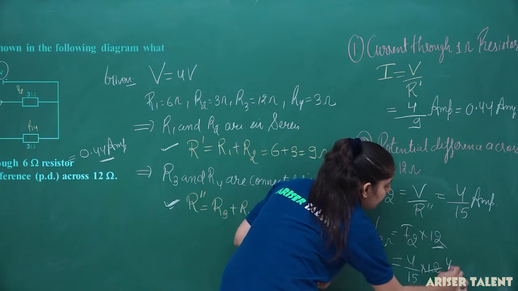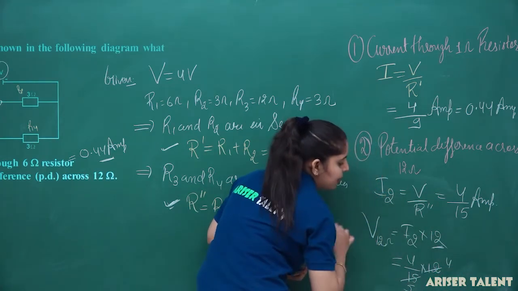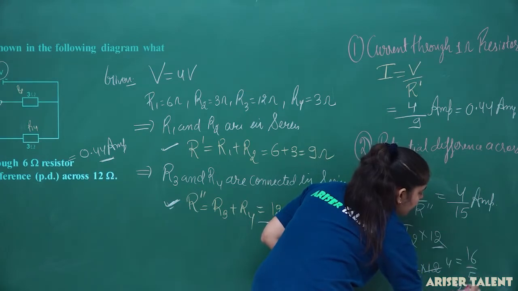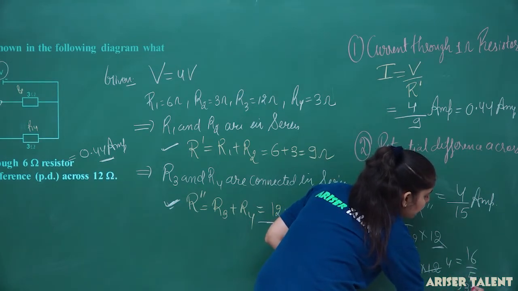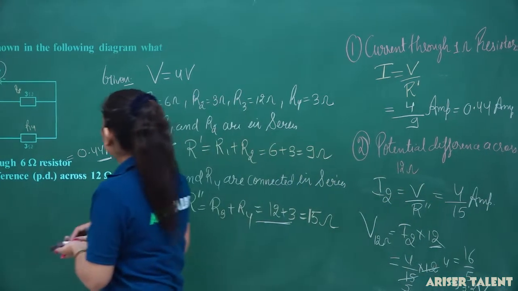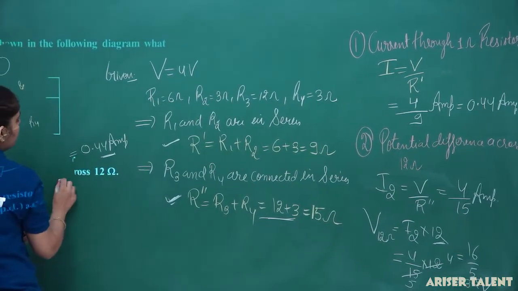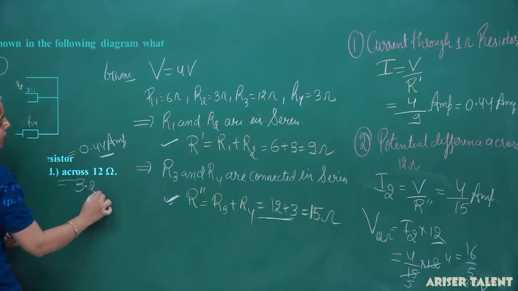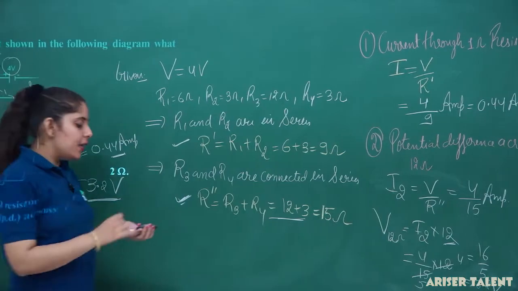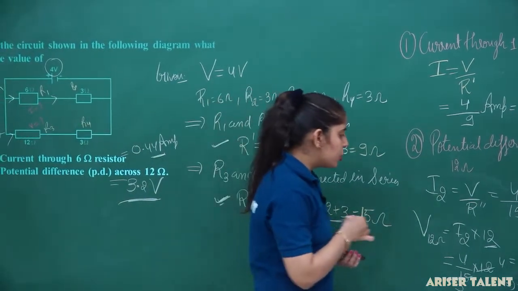We can solve it: 12 divided by 3 is 4 and 15 divided by 3 is 5. It will give you 16 upon 5, and 16 upon 5 is approximately equal to 3.2 volt. So the potential drop we are getting across the 12 ohm resistance will be 3.2 volt. So this is the second part, or the solution, of this question.